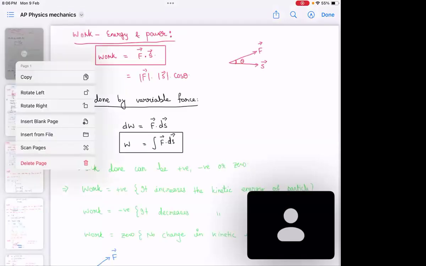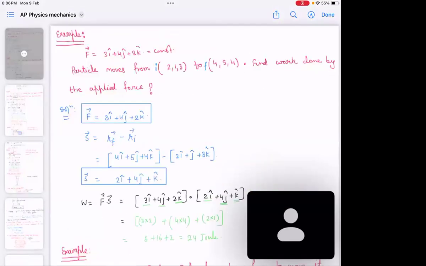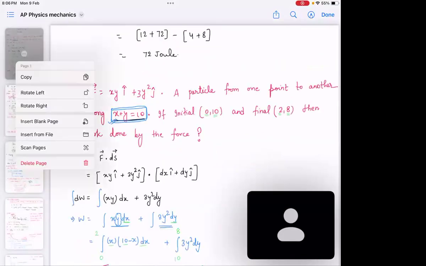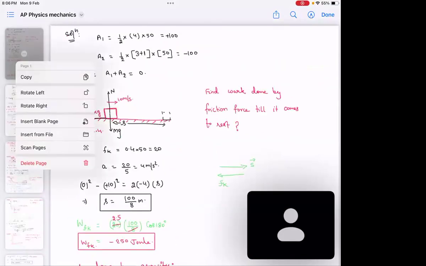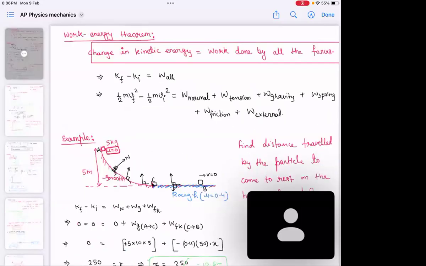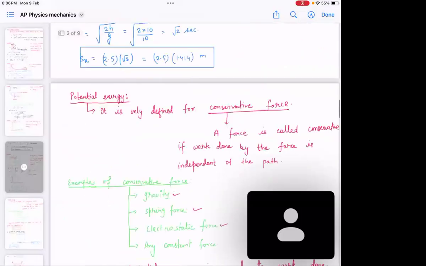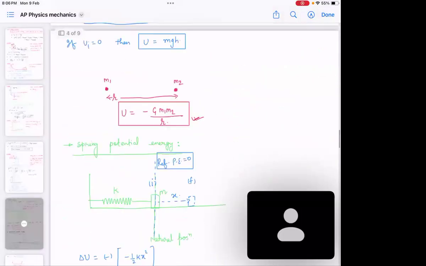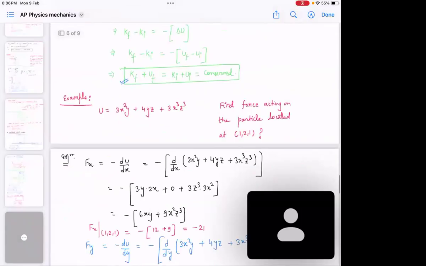Whenever we are applying a force and doing work, that work will take some time, isn't it? So power is the work done divided by the time taken to do that work. That is called the power of a force.